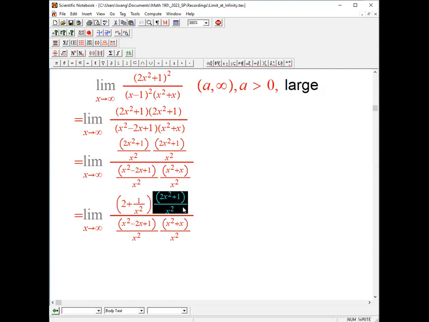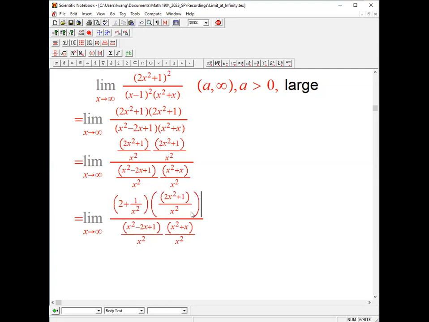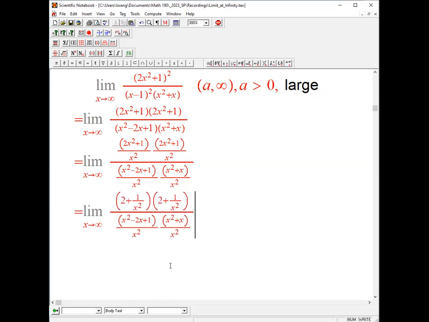And this piece, I'll do the same thing. So x squared divided into 2x squared. These two are identical, so I'll keep them the same. The bottom, similar.